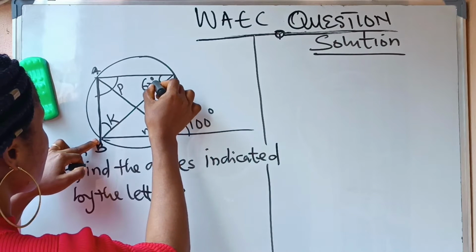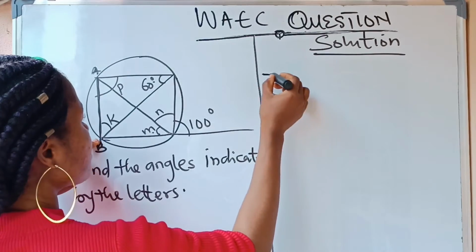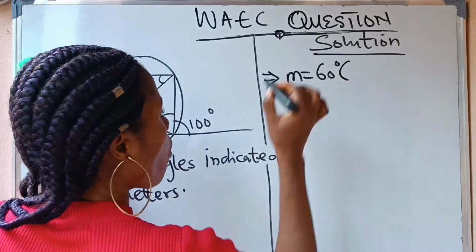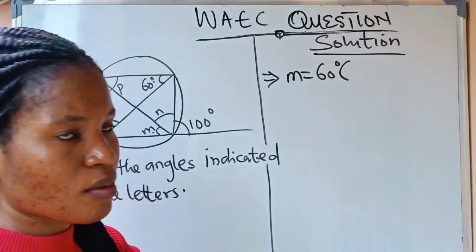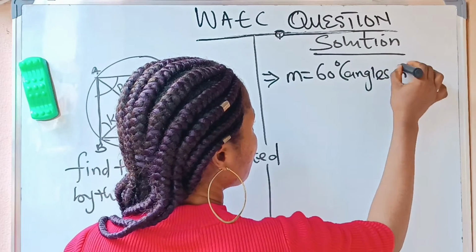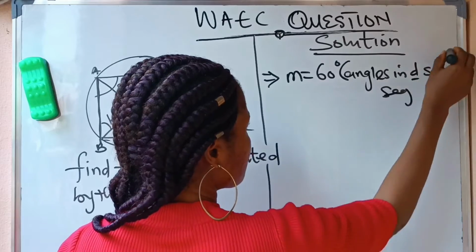So this 60 and this M are in the same segment. So we can say that M is equal to 60 degrees. Why? Angles in the same segment are equal.